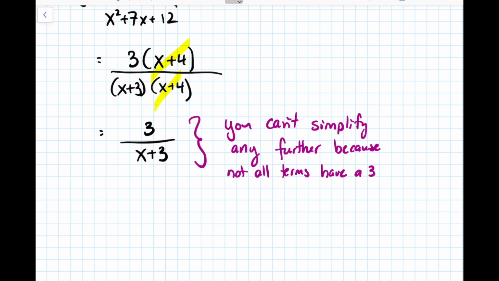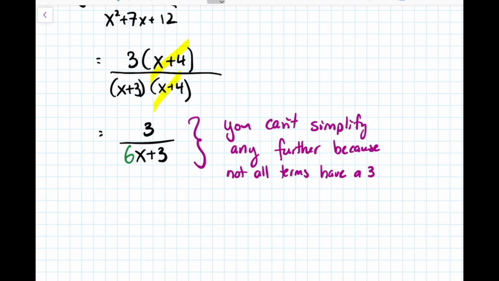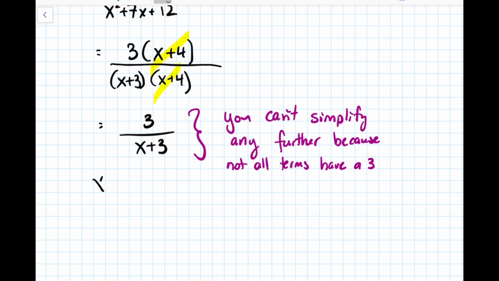If, say, this had been 6x plus 3, absolutely we could divide everything by 3 and simplify this a little bit more. But we don't have that 6 there. It's just an x, and we can't divide all of our terms by 3, so this one doesn't go any further. It does need some NPVs, though. And so we get that x can't be negative 3 or negative 4 from this x plus 4 that we had in the denominator before.